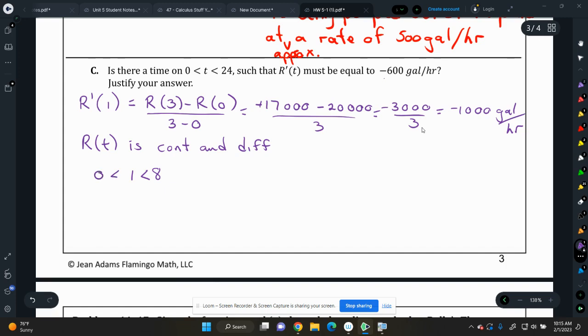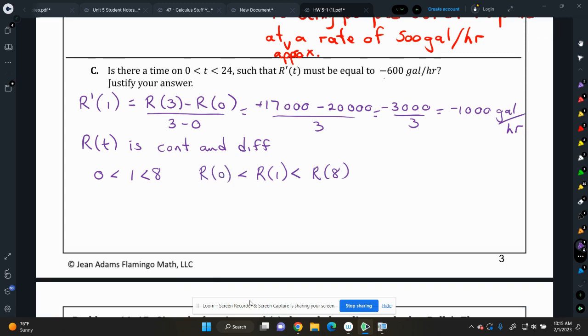8 and 0. Okay. And then we have to show that R of 1 is less than R of 8, which is greater than R of 0, right?